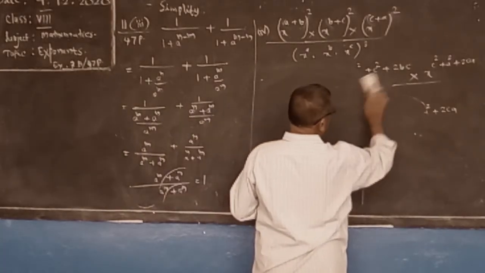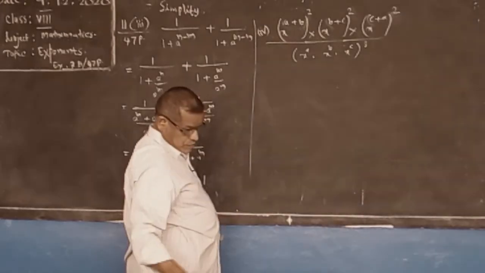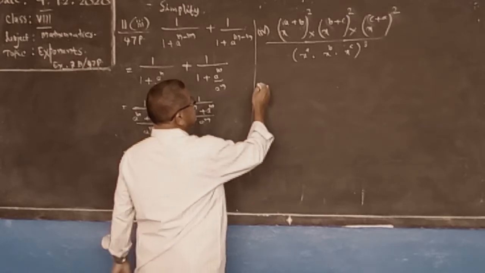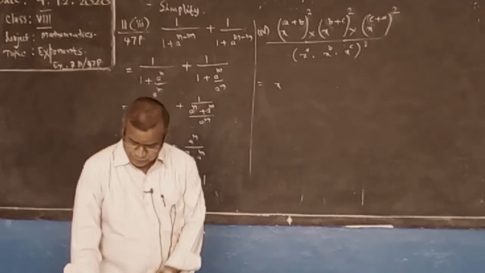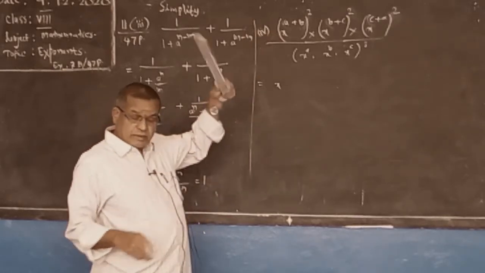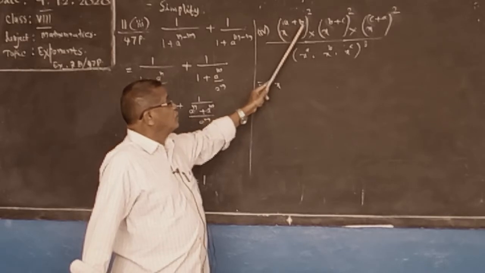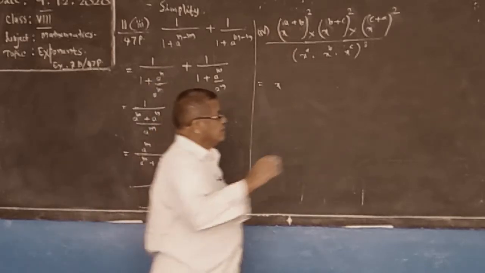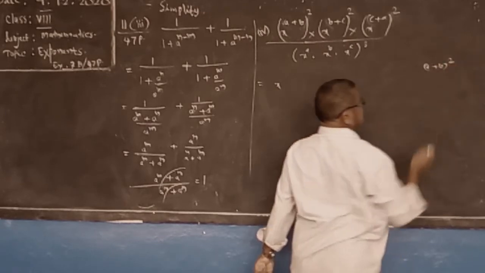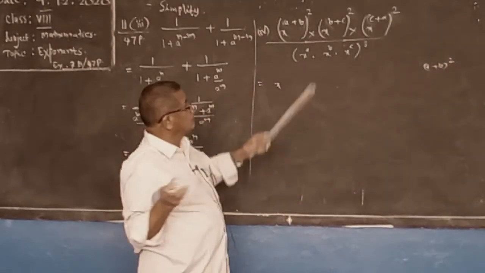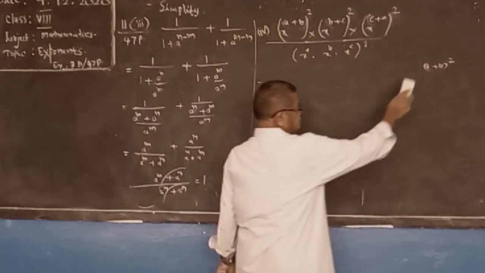Power to power simply multiply. According to previous problem, that is correct. But here bracket is for whole. Now I have written like this, no? According to this a plus b whole square, we have to expand. But in the problem given like this. Problem change. Bracket change.